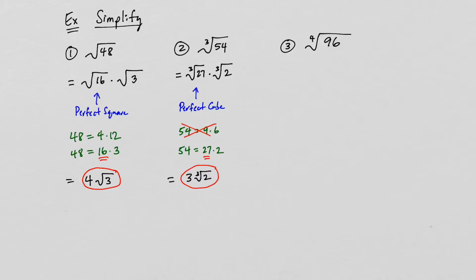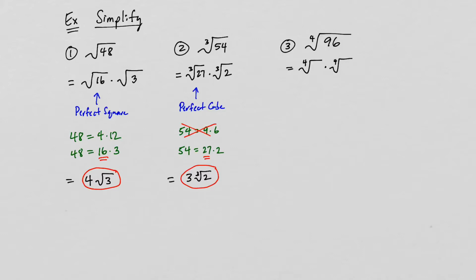All right, moving on to our next example, we would like to simplify the fourth root of 96. And the higher the index, the harder it is to do because many of us are not real familiar with fourth powers. So when you're breaking this down, remember you're looking for a fourth root times a fourth root.